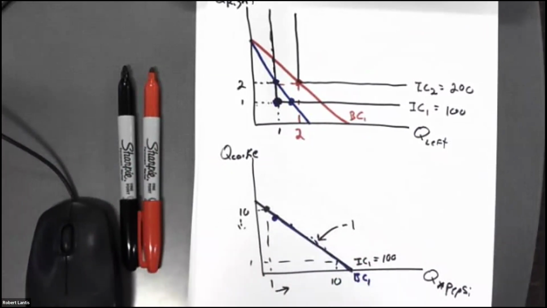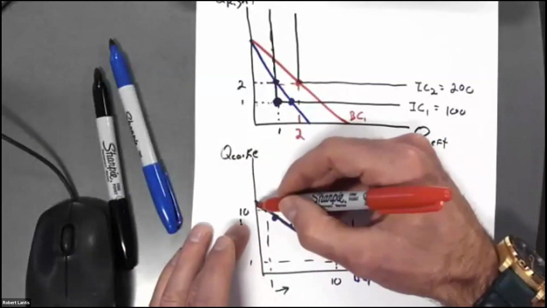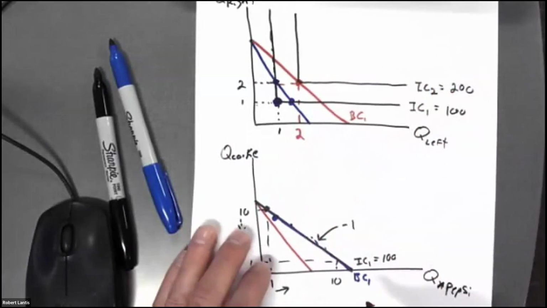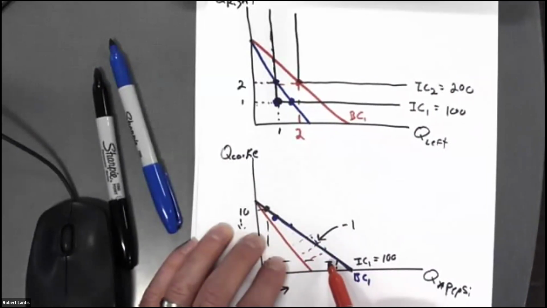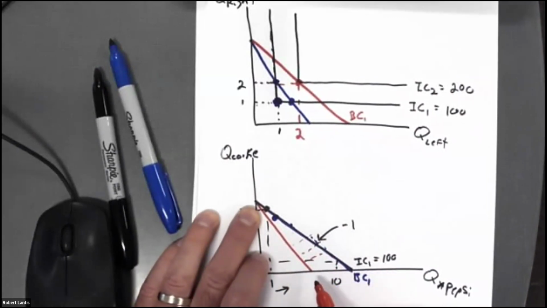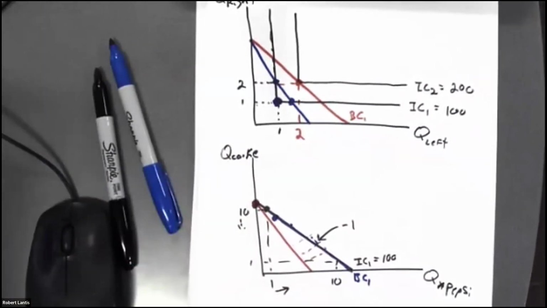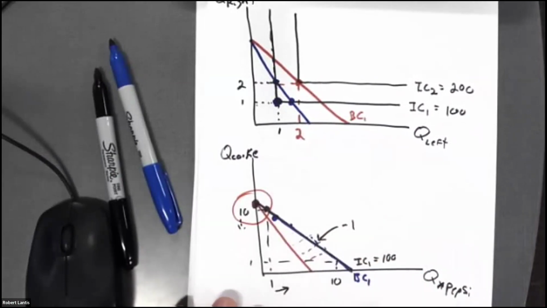We don't really know where the consumer optimum is going to be. Okay. And then what happens if there's a price change so that the relative price isn't -1? Well, that would mean I can't get out to any of these points. These are now all unaffordable. But what point is still affordable? This point here. If they're perfect substitutes, whichever good is relatively cheaper, I'm only going to buy that good.